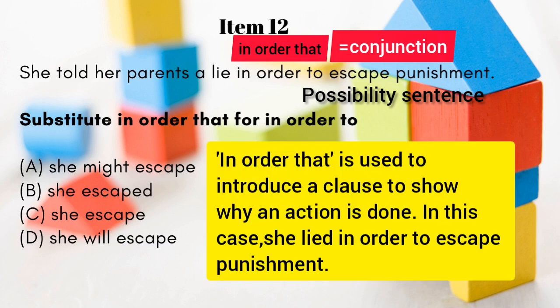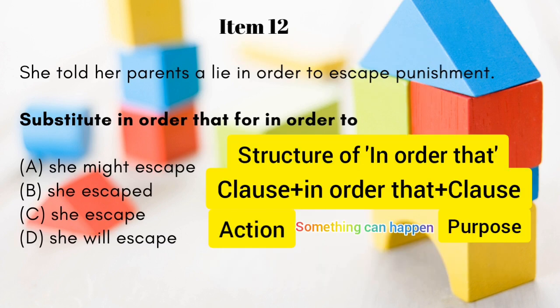In order that is a conjunction. It is used to introduce a clause or to show why an action is done. In this case, she lied in order to escape punishment. Since we are expected to use in order that, there is a particular structure that we should follow. We should have a clause plus in order that plus another clause.